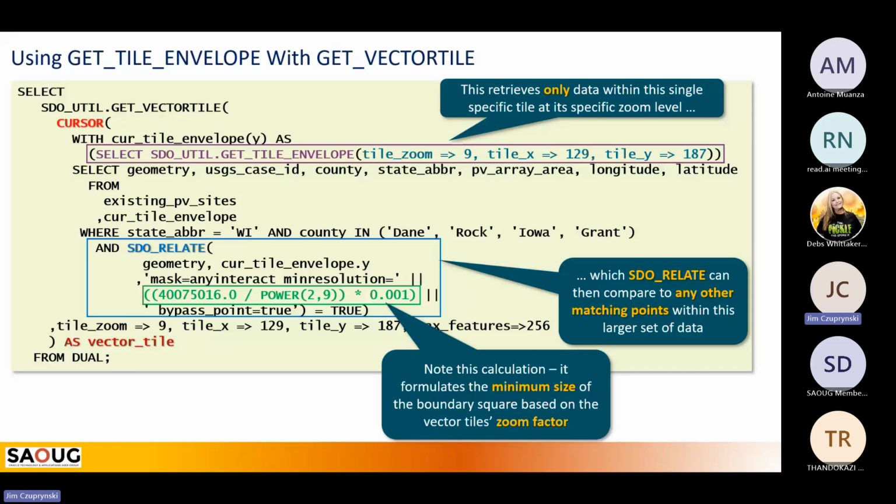So what I need to do to actually calculate the boundaries within that tile, I have to divide 4 million kilometers on a side by 2 to the 9th, and then multiply by 1/1000 to go down to meters size. That's probably more than you thought you would need to know and more than enough math for a Thursday evening. But that's what that calculation actually means.